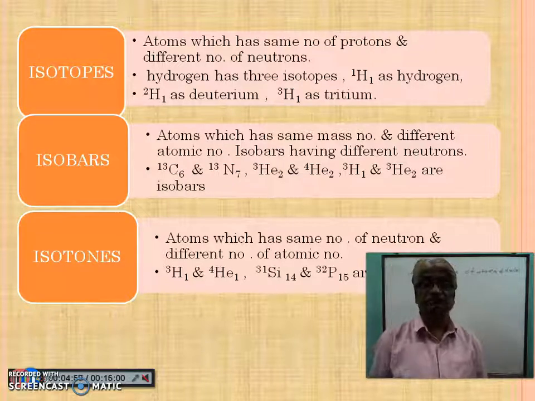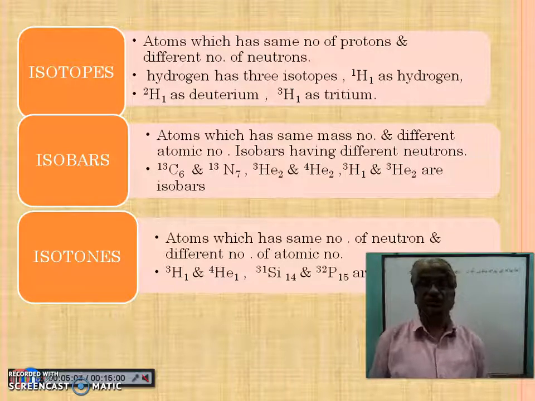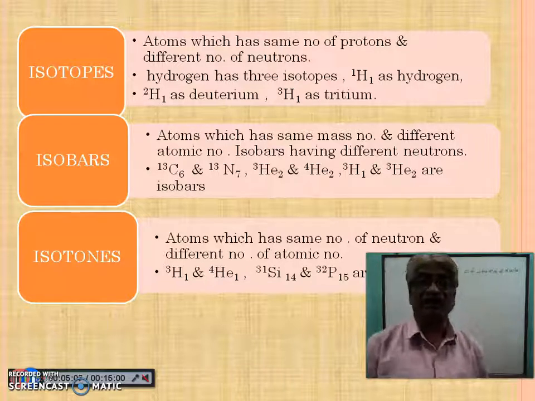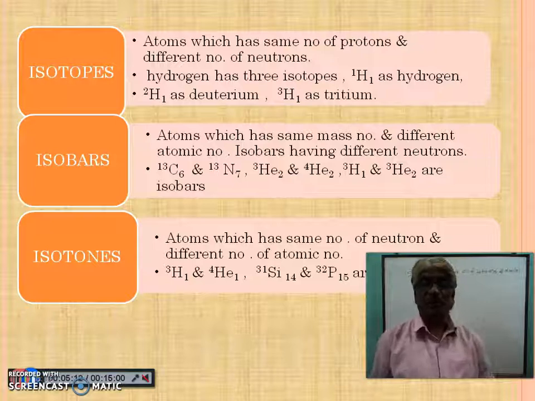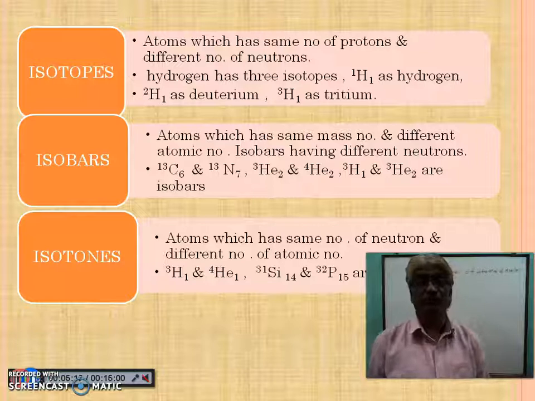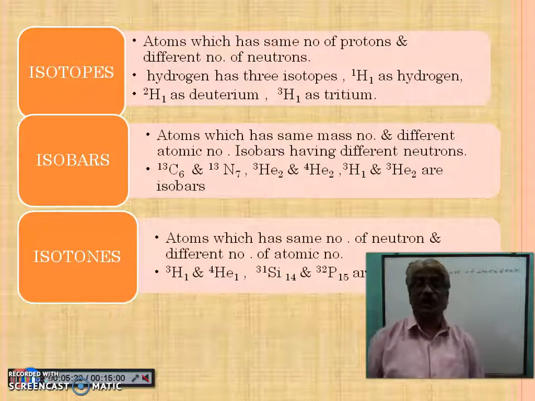See here, silicon and phosphorus. Silicon has mass number 31, atomic number 14. Phosphorus has mass number 32, atomic number 15. These are examples of isotones.